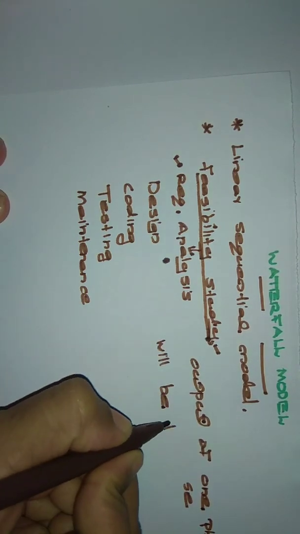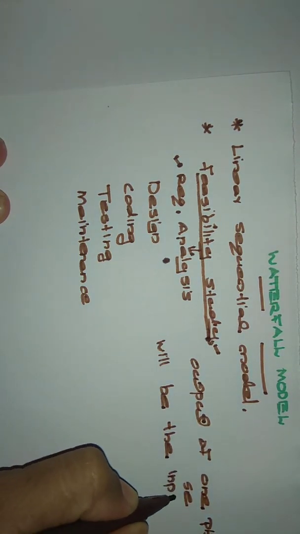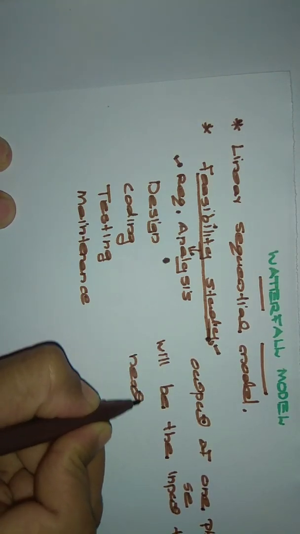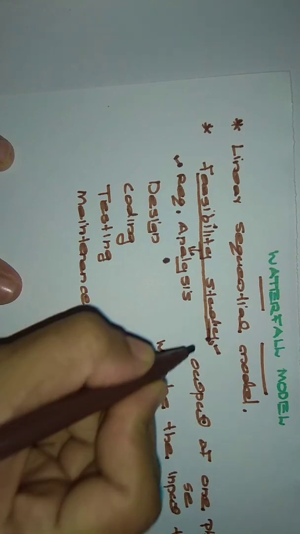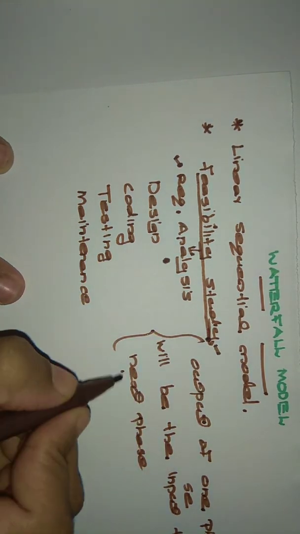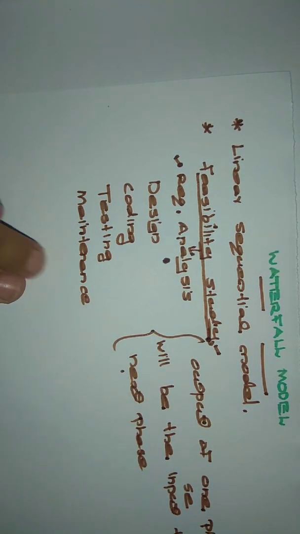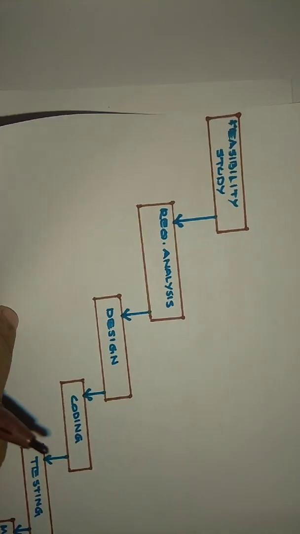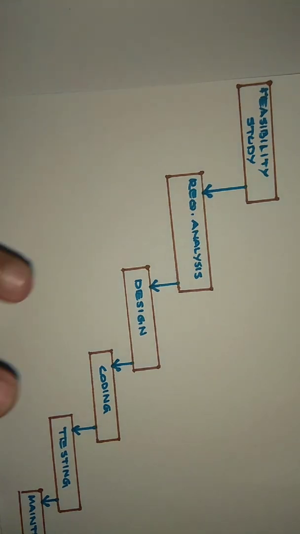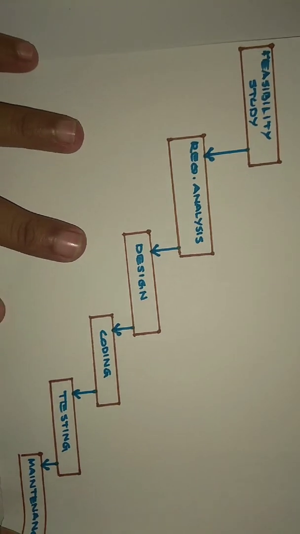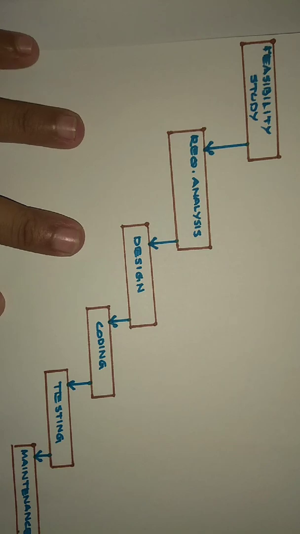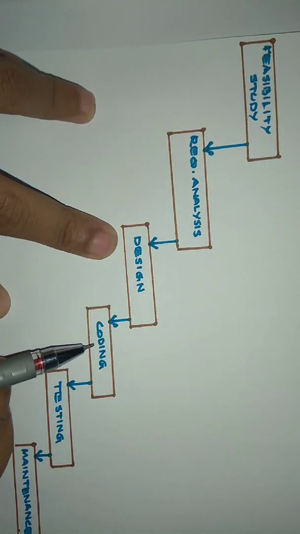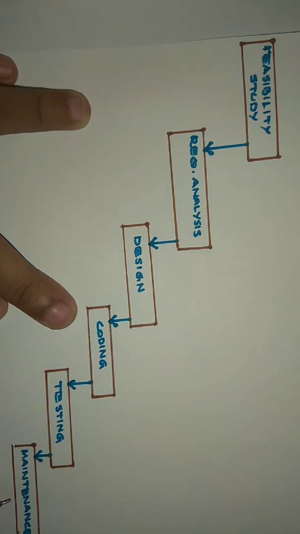So this is the waterfall model. Now let's discuss the different phases in detail. The phases are feasibility study, requirement analysis, design, coding, testing, and maintenance.